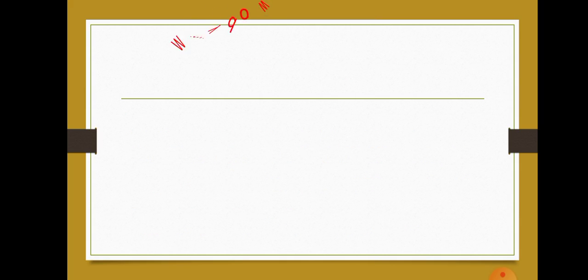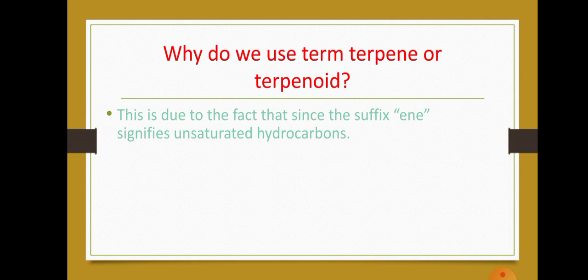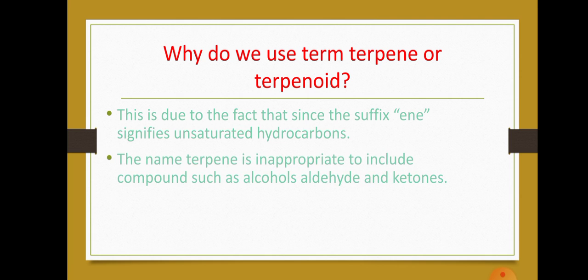Why do we use the words terpenes and terpenoids separately? Terpenes, which show the suffix "-ene", indicate that there must be unsaturation, meaning a double bond. And terpenoids are a modified form of terpenes having a functional group at various positions.